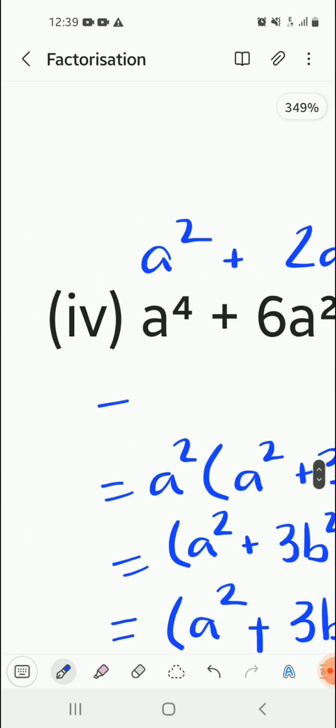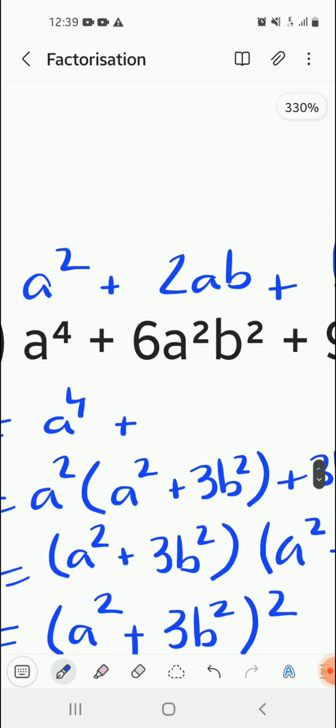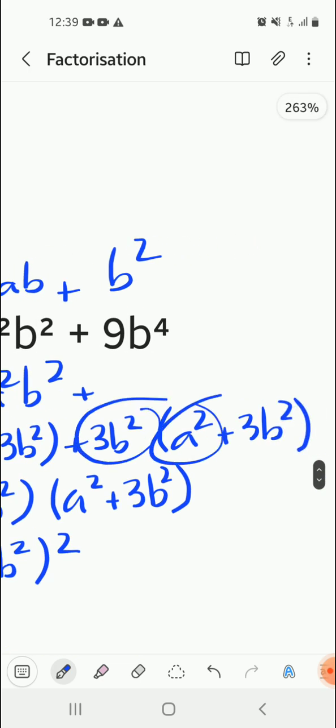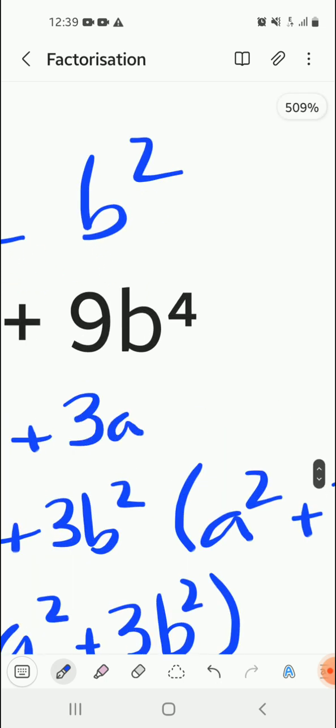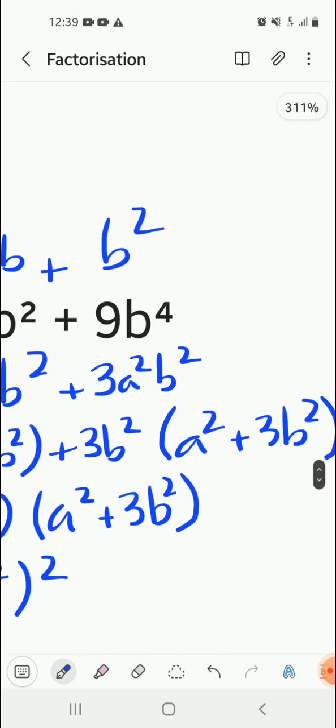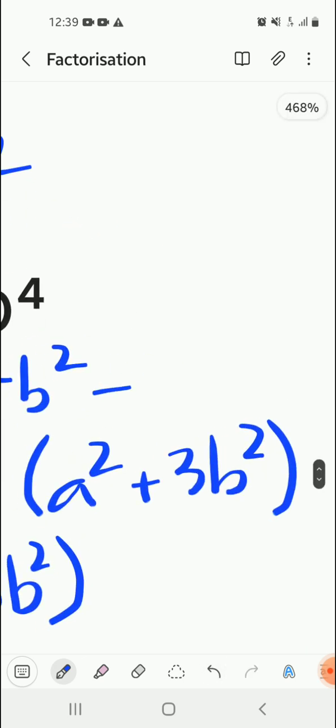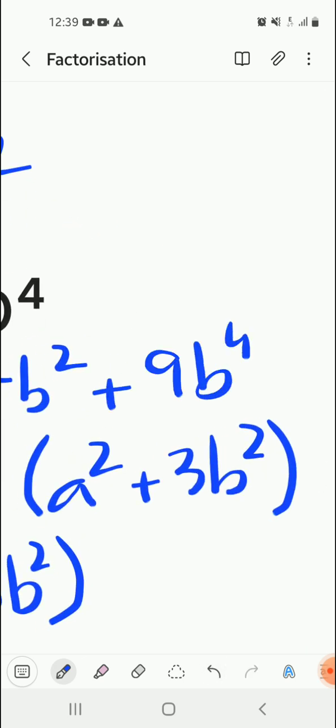Now we are going to multiply a square and a square, a to the power 4, plus a square into 3b square, plus 3a square b square, again plus 3b square into a square is 3a square b square, again plus 3 into plus 3b square is plus 9b to the power 4.